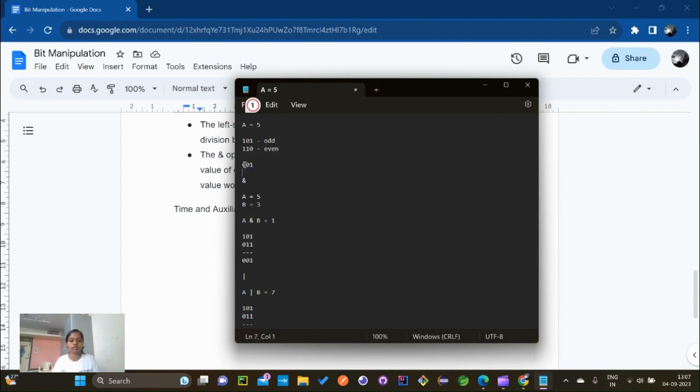All zeros will lead to 0 only, and again here 1 and 0 is 0. So if I want to check whether the number a is even or not, I'll do and with 1. If it is 0, that means it is an even number, and if it is 1, that means it is an odd number.